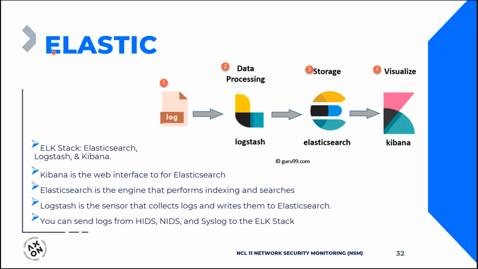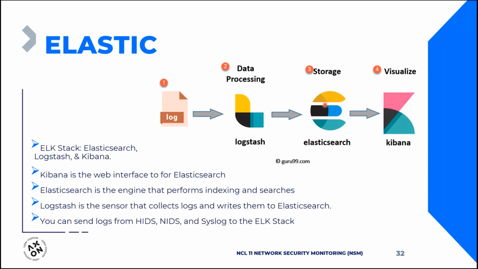So if you have OSSEC somewhere, or you have Suricata somewhere, or you have Wazuh somewhere, you can ask those agents to send their logs to the Logstash server. Logstash will take those logs, process them, and then store them in a certain storage.